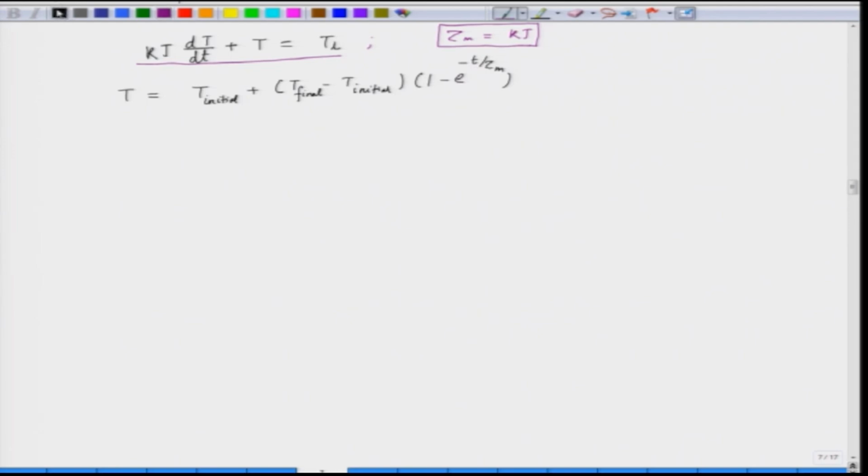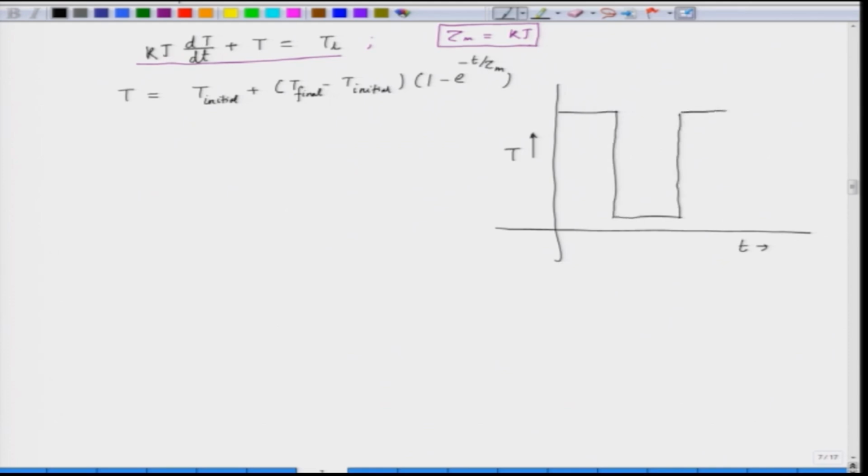If we go back to our pulsating torque that we drew previously, we can draw it once again. This is the pulsating load torque, which has a high value T L H and a low value T L L, and what we want here is that the motor behavior should be like this.